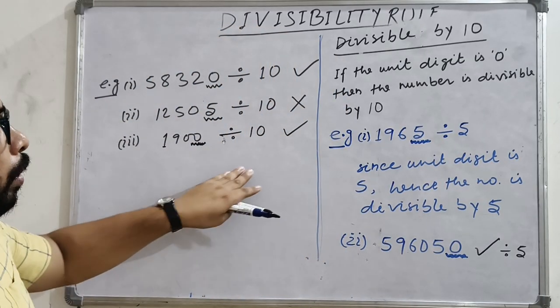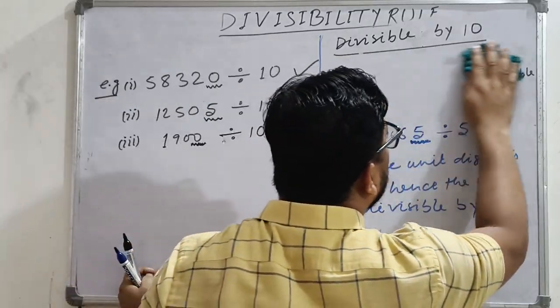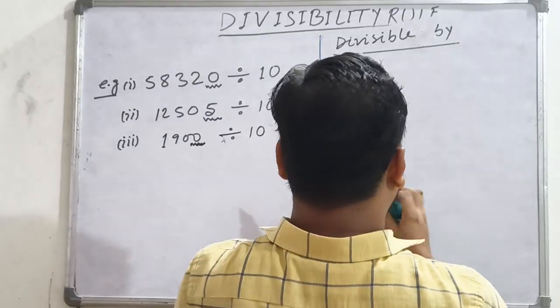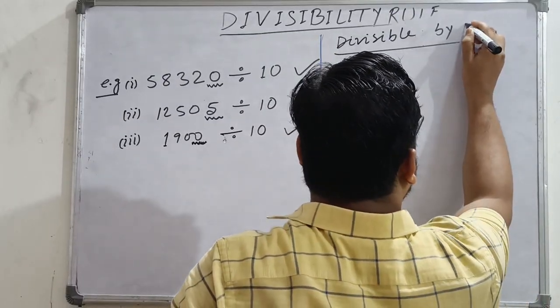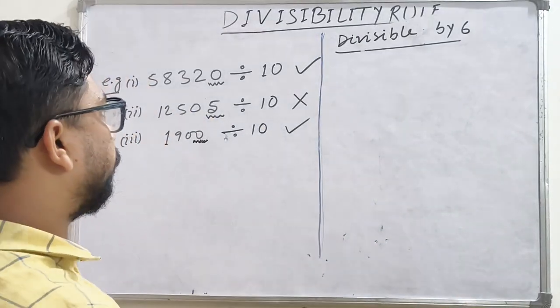Now we are moving to the divisibility rule by 6. Divisibility by 6. Okay, see here.